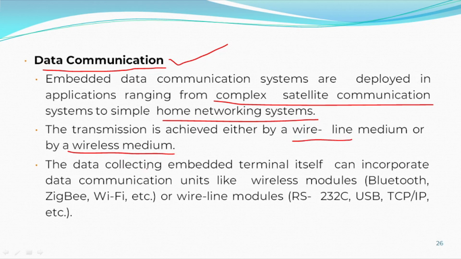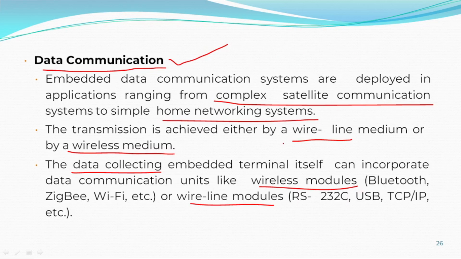Both are possible. In the previous category we saw that embedded systems are used to collect some data. The same device which is used to collect the data might have some small modules, maybe wireless or wired, through which data can be sent to the next system. That is also possible.